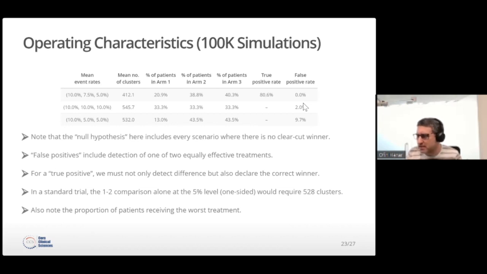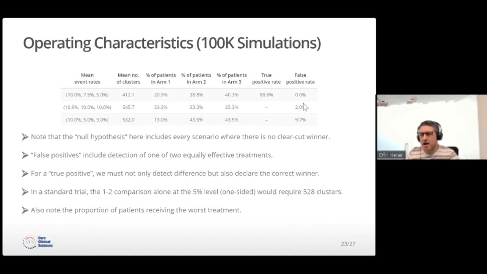You can think of that as your type 1 error rate. If it's the other type of null hypothesis, meaning that there is no clear-cut winner, then even a scenario where we have two very effective treatments that are equal between them is also part of the null hypothesis. In this case, I have a false positive rate of 9.7%. So we have to be clear about what forms a null hypothesis here.